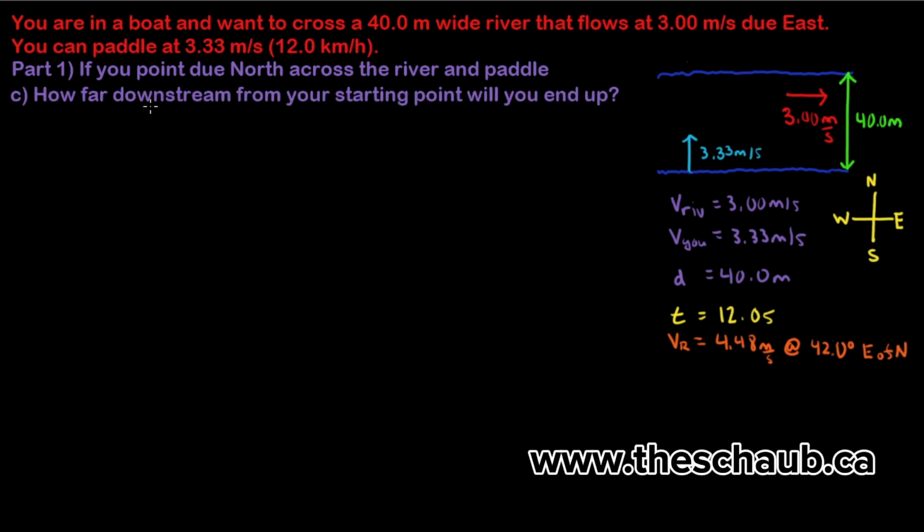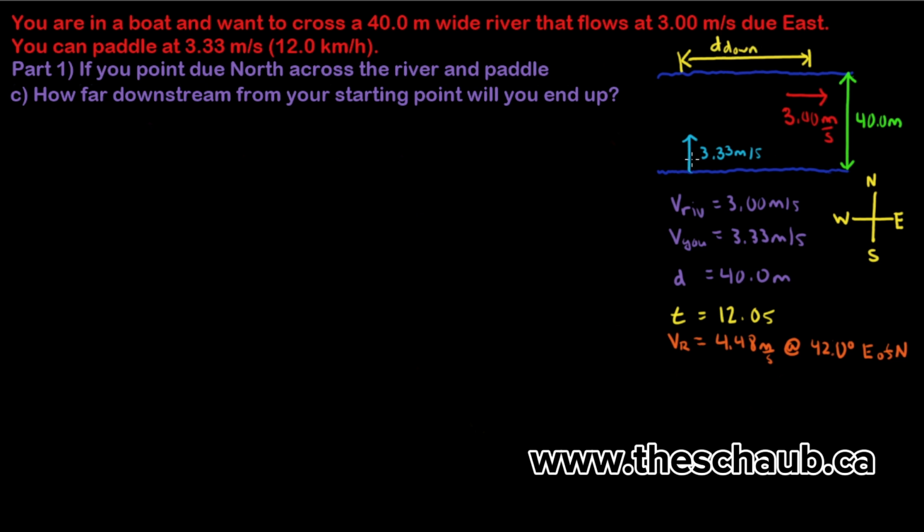In part C, we're asked how far downstream from your starting point will you end up? So we can add this to our diagram here. As you paddle across, you will be flowing downstream. So we can call this the displacement down, for displacement downstream.